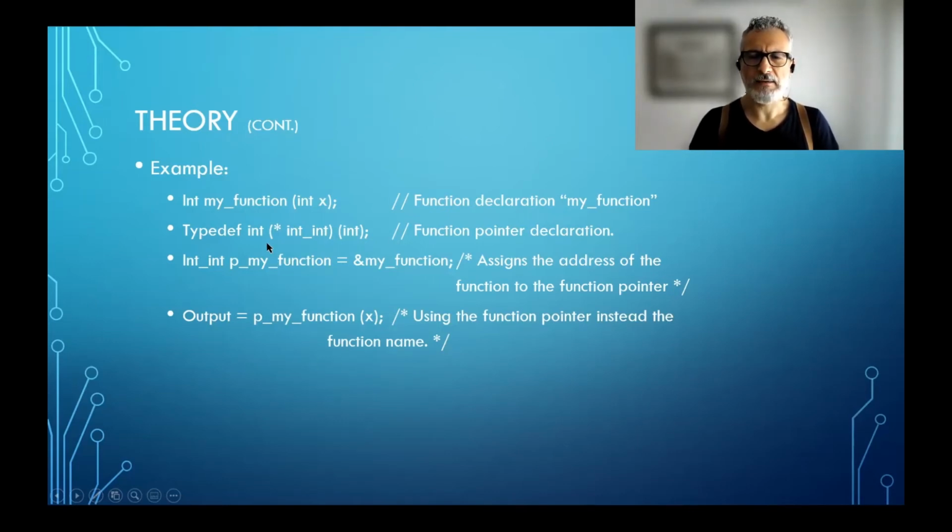Before, I said it's an obligation to put parentheses around the name of the function pointer, because if we don't do this, the compiler can think that instead of a function pointer, it's a function declaration that has an output variable of type pointer to integer.